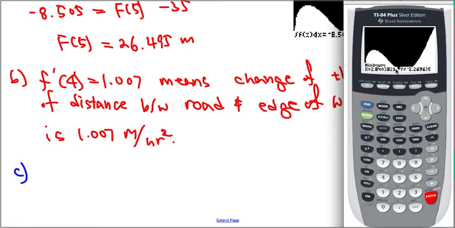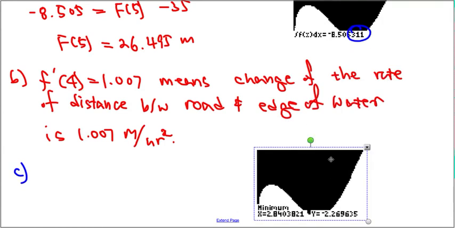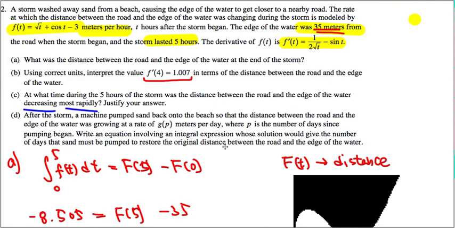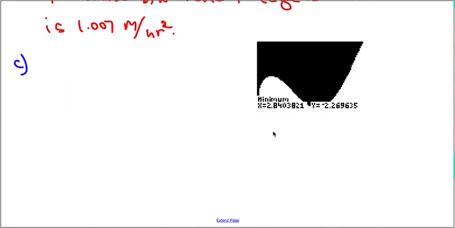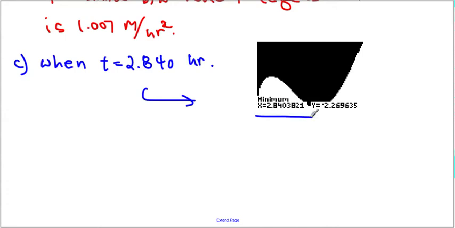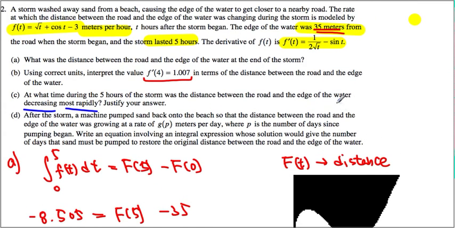Yes, that was the minimum value, as you can see. At what time? In this case, the x value, so when t was equal to 2.840 hours. Then in this case, you can simply sketch the graph a little bit if you wanted to.